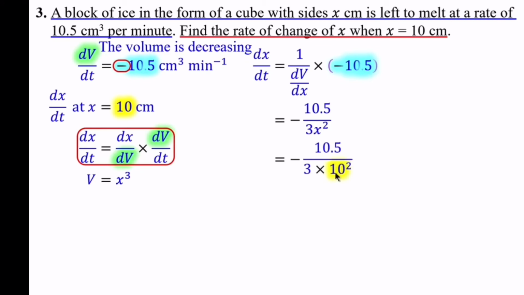So dx/dt is negative 10.5 divided by 3 times 10 to the power 2. You can give the answer as a fraction. Beware that there is a negative, because when the volume decreases, obviously the size also will decrease.